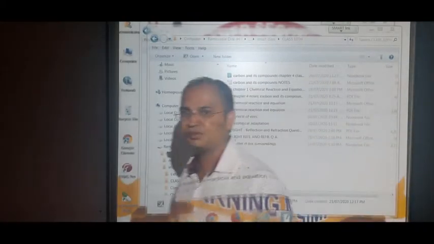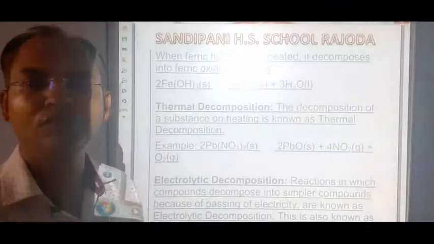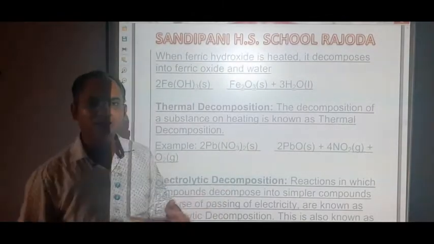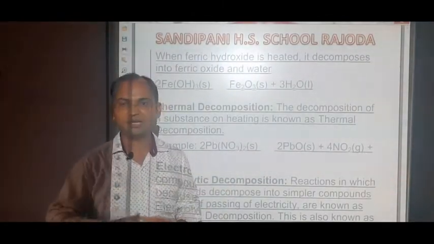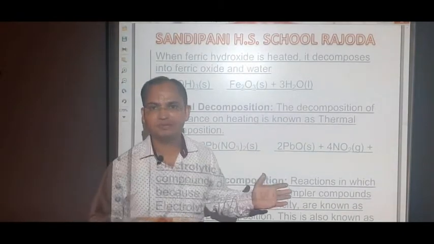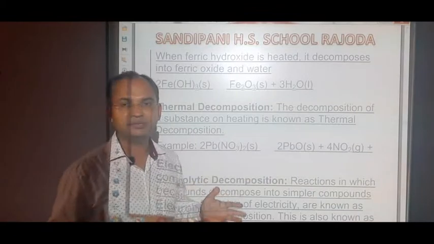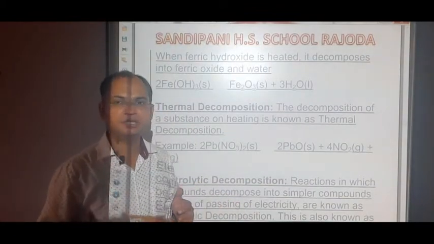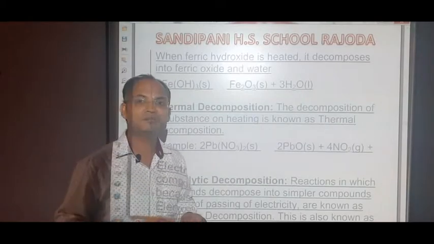Decomposition reactions, on the basis of the energy involved by different media, are of three types. When the decomposition of a substance takes place by absorbing heat energy, we call it thermal decomposition. Thermal means heat.